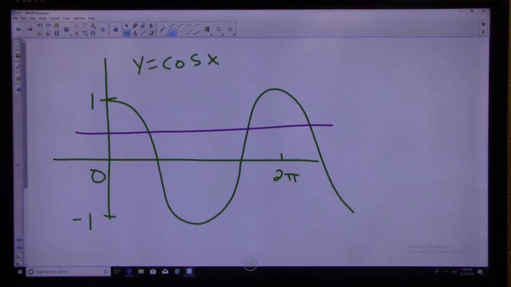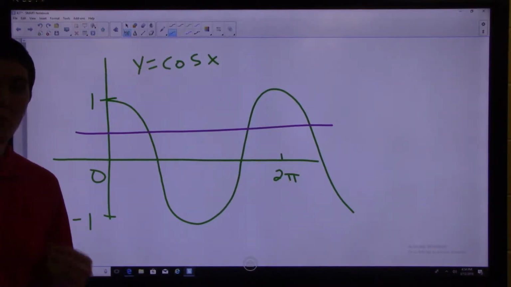So what I need to do is restrict the domain of the cosine function in order for the inverse cosine to be a function.